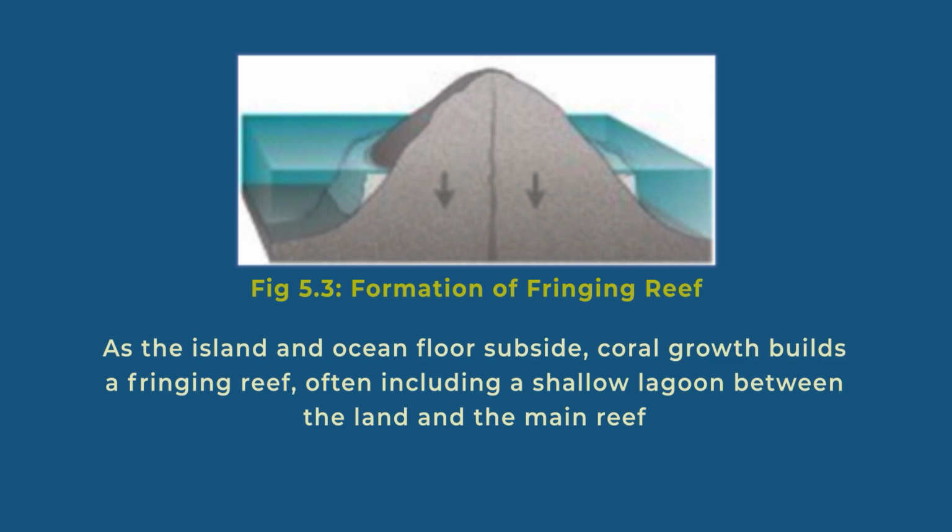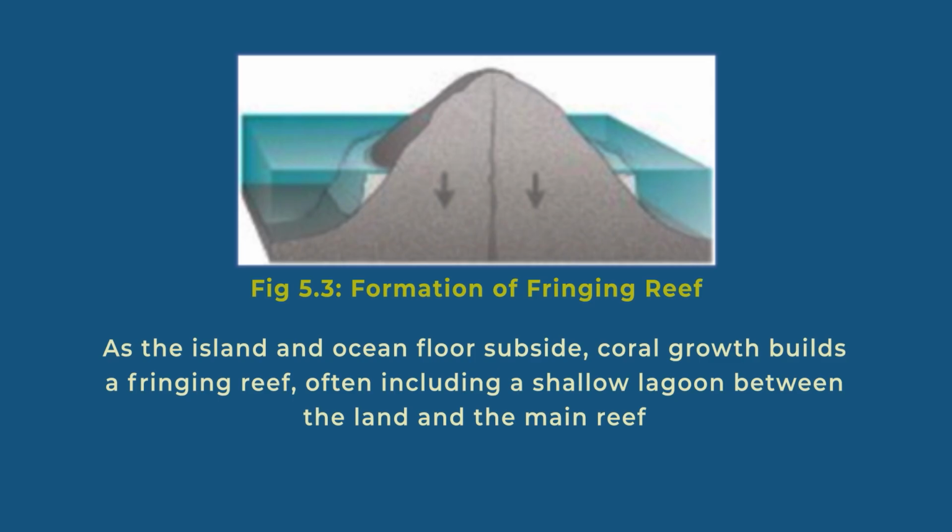So, that is why I was talking about the process in fringing and the next barrier and then the atolls. So, this is a stage according to Darwin. As the island and ocean floor subside, see, I began talking about Darwin's theory as a theory of subsidence.